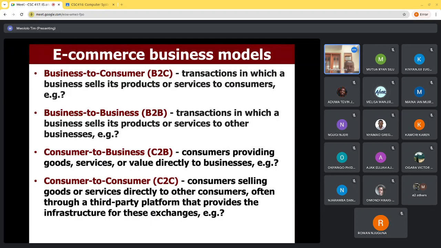Yes, because that subscription to a service is a purchase by a consumer through a digital platform from a business. I would classify it within the B2C. Other questions?